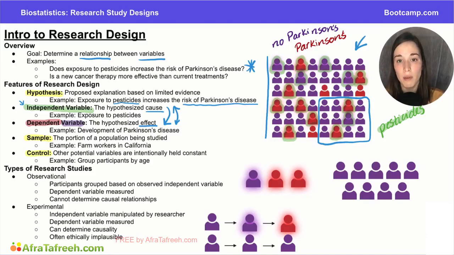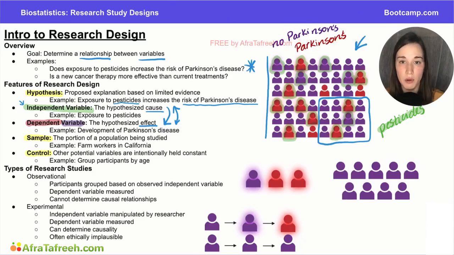If we only included people with pesticide exposure in our study, and we saw that many of them were being diagnosed with Parkinson's disease, unless we're able to compare that to people who were not exposed to pesticides and see that they had less Parkinson's disease, we could be inadvertently studying some other variable that we haven't taken into account, for example, age or genetic background.